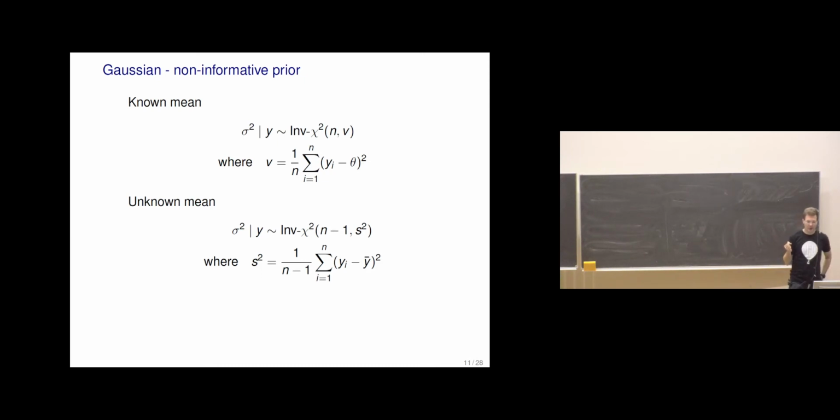And this parameter controls in inverse chi-square how thick the tail is. So when we have unknown mean, because of that additional uncertainty about the mean, when we integrate over it, it makes uncertainty about sigma squared more uncertain, and it has a thicker tail, more probability further away.